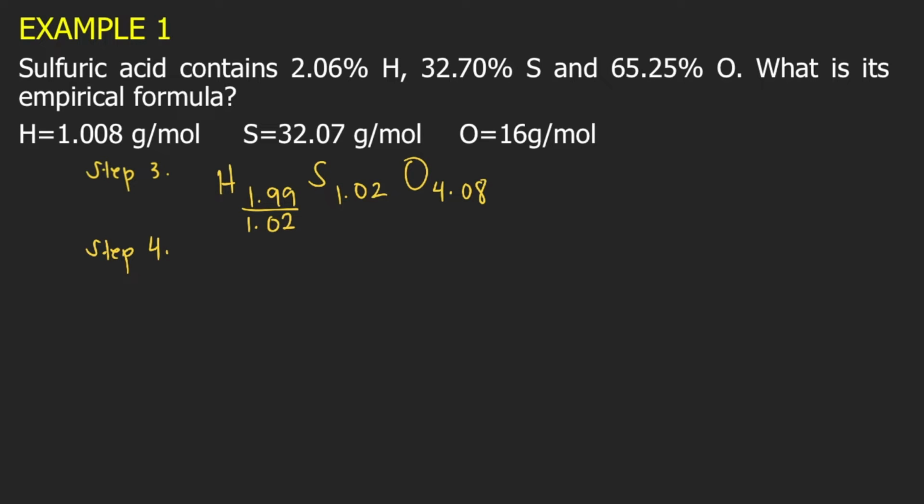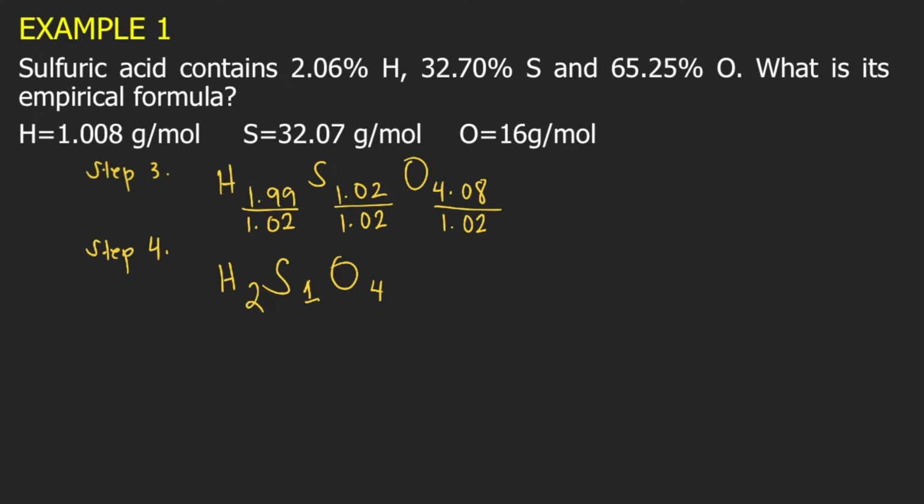You divide 1.99 by 1.02, 1.02 over 1.02, and 4.08 divided by 1.02. 1.99 divided by 1.02 is approximately equal to 2, so H2. 1.02 divided by 1.02 is 1, so S1. 4.08 divided by 1.02 is equal to 4, so O4.